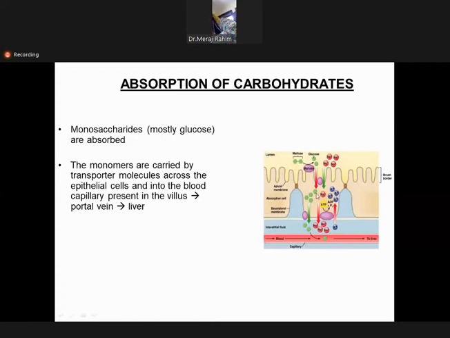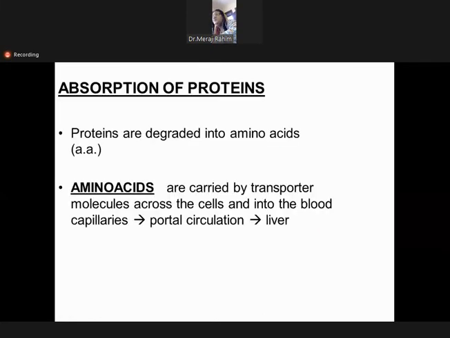So you can see in this picture that all those nutrients get absorbed, and then they enter into the portal system for further reabsorption of the leftovers. So absorption occurs, the proteins degrade into amino acids, they are transported into the portal circulation, into the liver, so that they can be further processed, and the things which are not needed, the liver detoxifies.